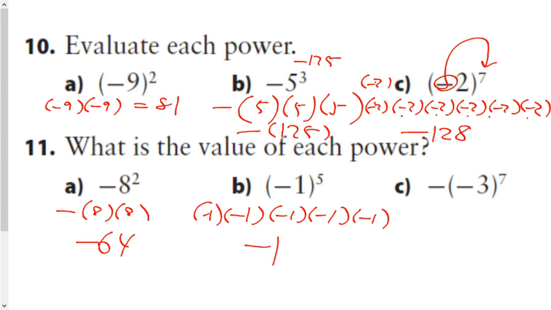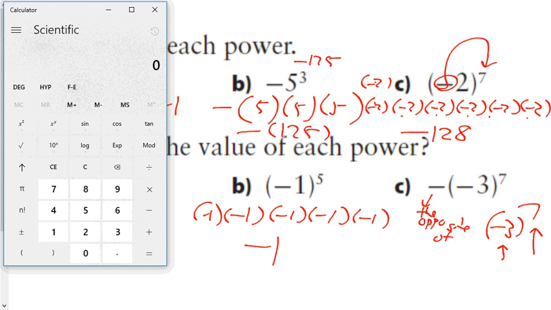The opposite of negative 3 to the 7. So since negative 3 to the 7 is a negative base to an odd exponent, if I put it into a calculator, I know my answer is going to be negative, so I'm going to put negative 3 as my base, to the exponent of 7. It says it is negative 2,187.